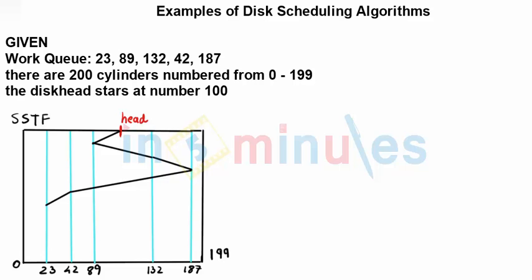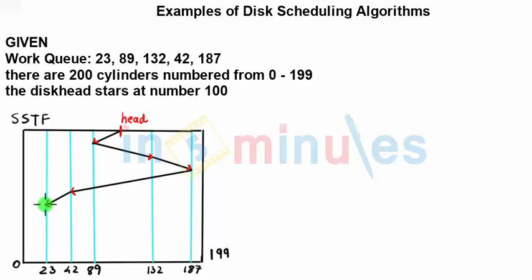That means even in this algorithm, we started with the nearest, shifted to the second nearest from the current location, then went to 187, then finally reached 42 and finally 23.